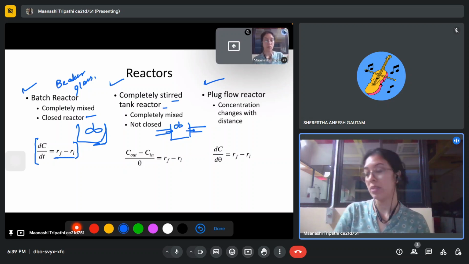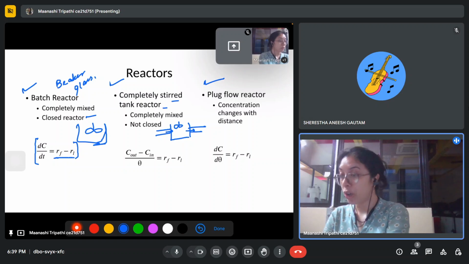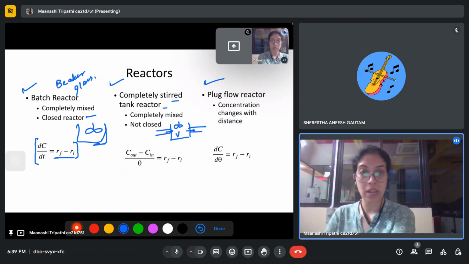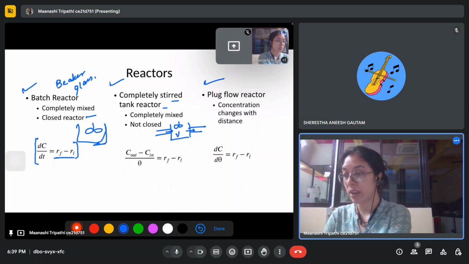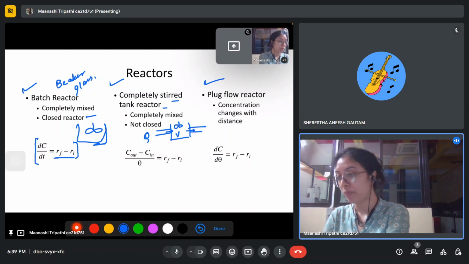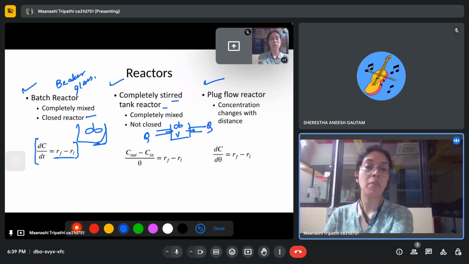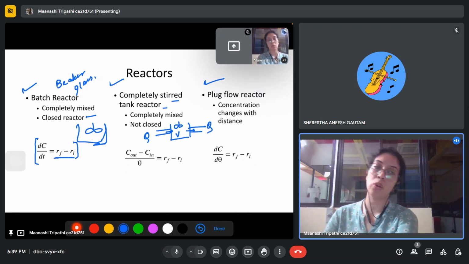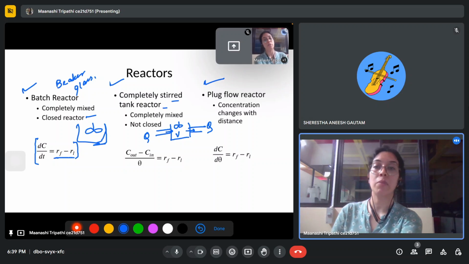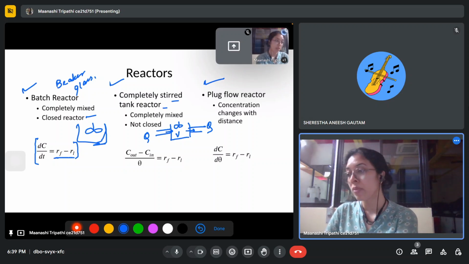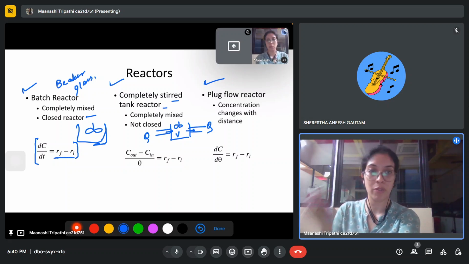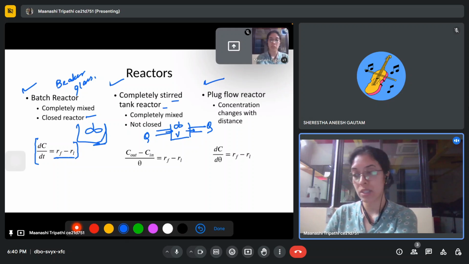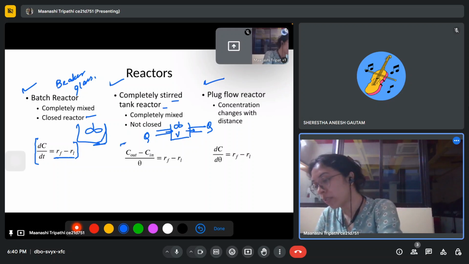Here the volume inside the reactor can be controlled by varying the flow. If the incoming and outgoing flow are the same, volume will be constant. If incoming flow is more than outgoing, then there will be overflow, right? Volume will increase. If incoming is lesser than outgoing, volume will decrease. So for this, we have this equation.